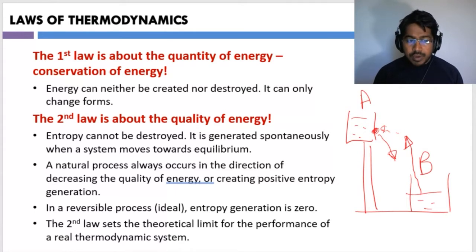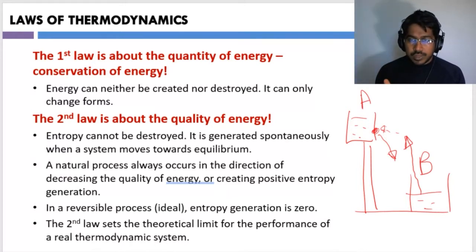And the other important aspect, now we have discussed three points, and the fourth point, the other important aspect of the second law, is that it sets a theoretical limit for a thermodynamic system. So you remember the example I said, one of your friends drives their car into your carport and says, okay, my car has an IC engine of 100% efficiency. Why can he or she not claim that?